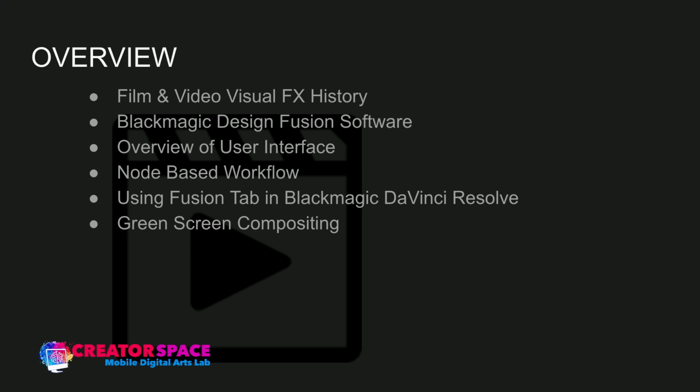If you've been taking some of our software courses on Blender, so 3D animation in Blender, it's node-based. Color grading in Blackmagic Resolve is also node-based, so you can get familiar with that idea. Nodes are basically a way of working with blocks of control tabs.